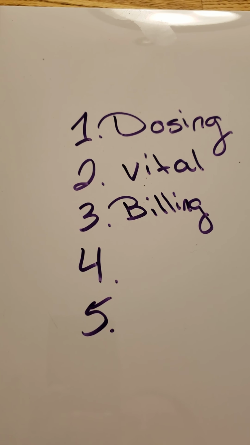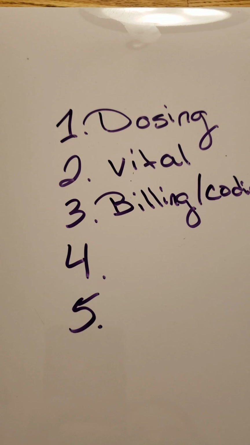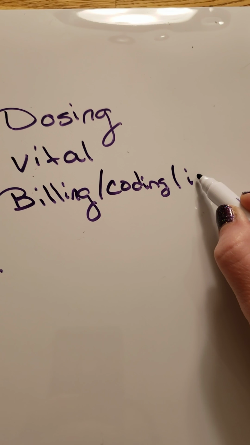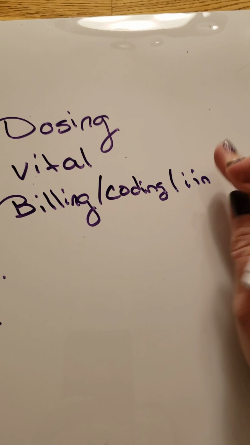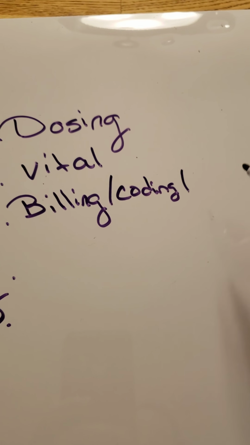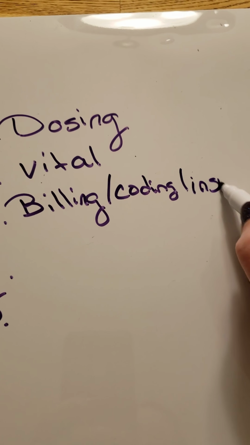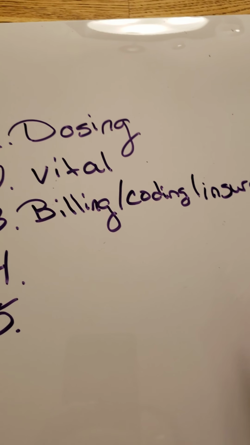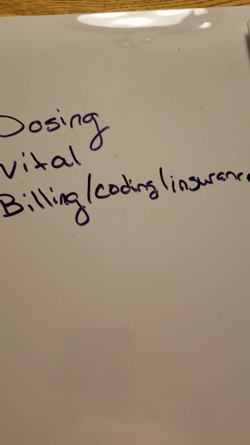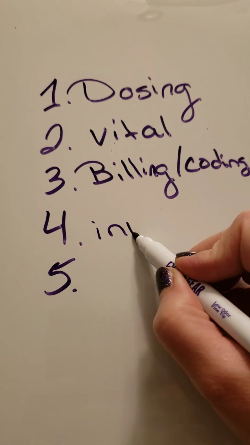And that would include like coding and insurance. Perfect. 4 is for inventory, to count all of our supplies.